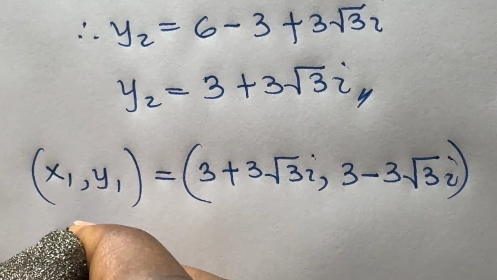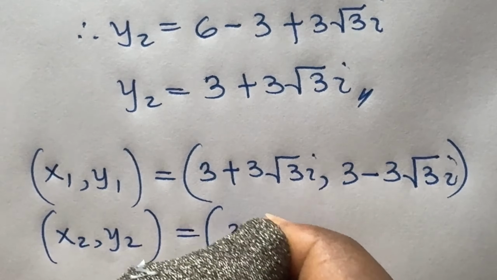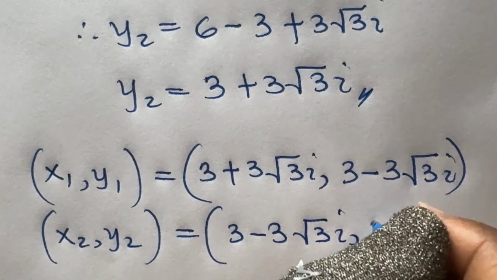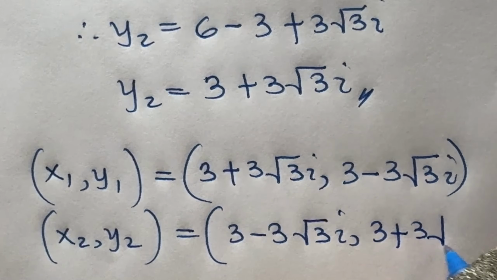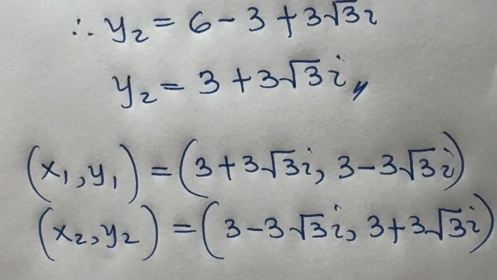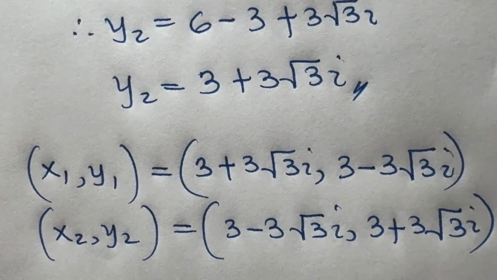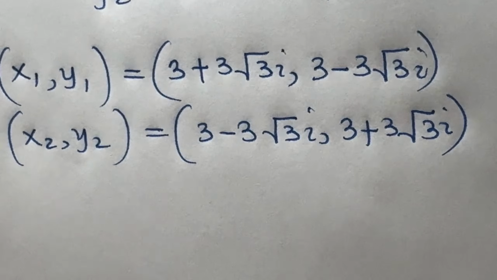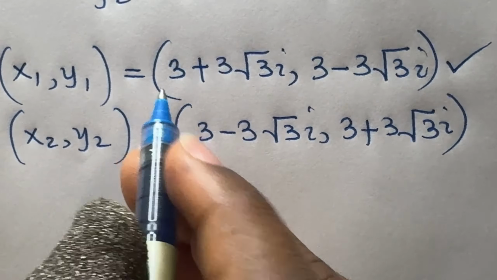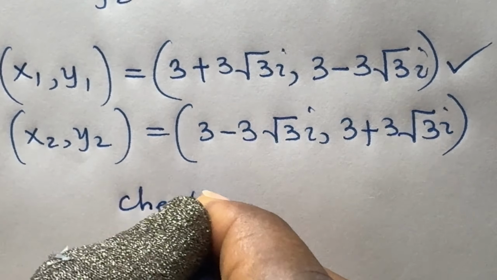And then x2, y2 is 3 minus 3 root 3i, then 3 plus 3 root 3i. And we can see here that the solutions are symmetrical, meaning that we are good to go with just one of them. Now we can substitute this into our original equation to check.